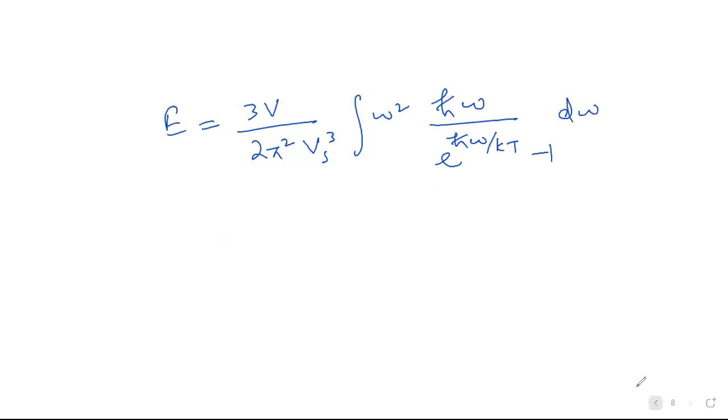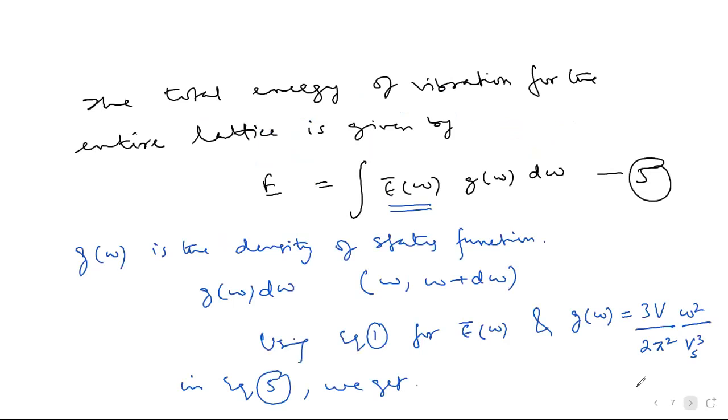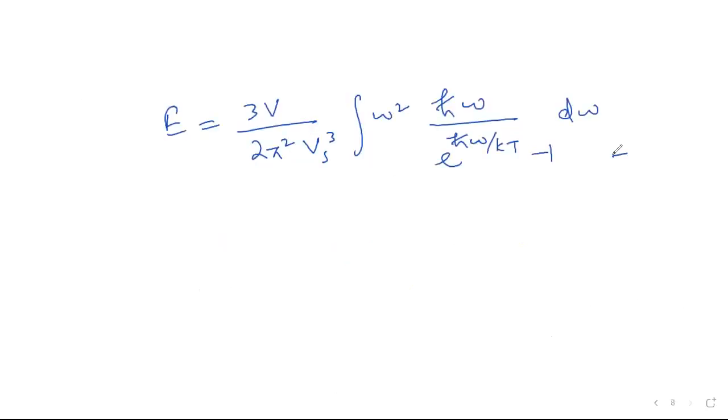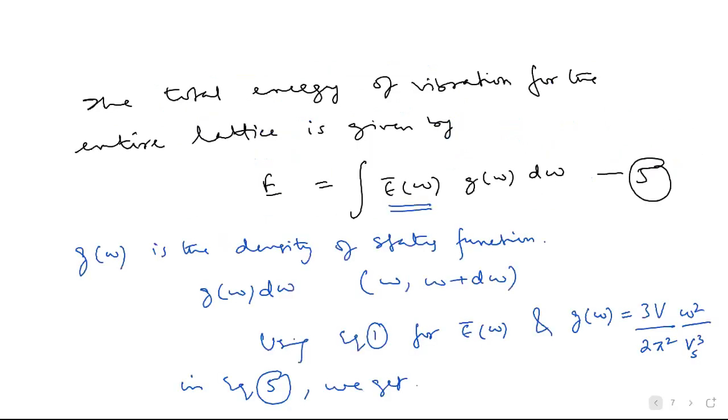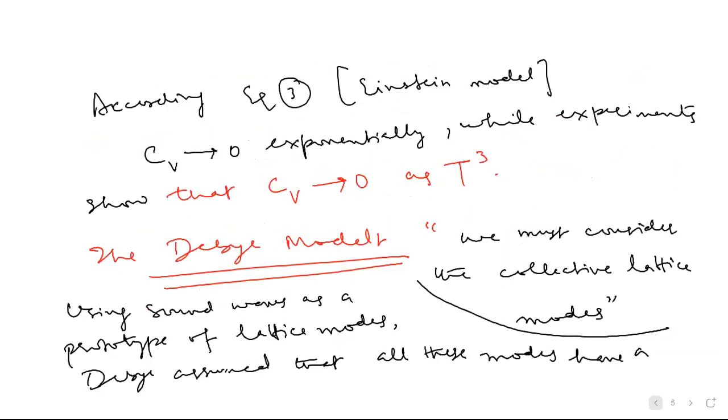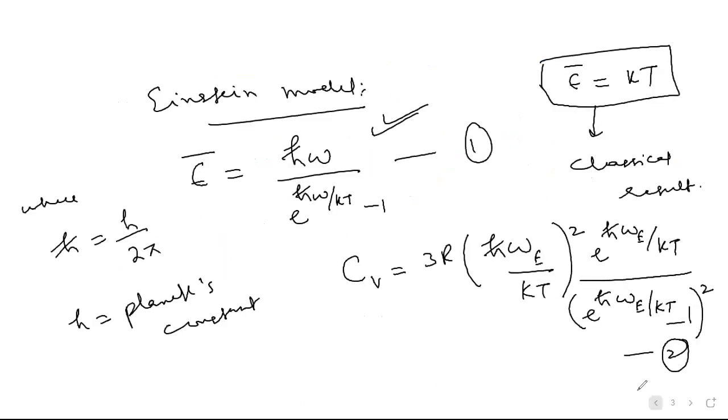Let me name this. This is my equation 6. Let me encircle it. You can check it. We have simply substituted for average energy from first equation, h bar omega by e raised power h bar omega by kT minus 1.